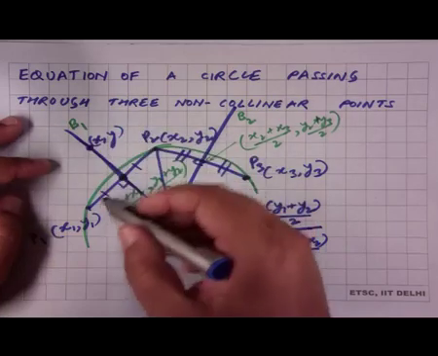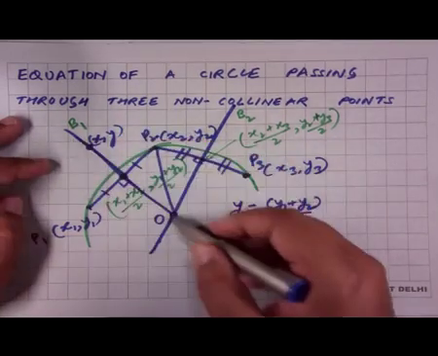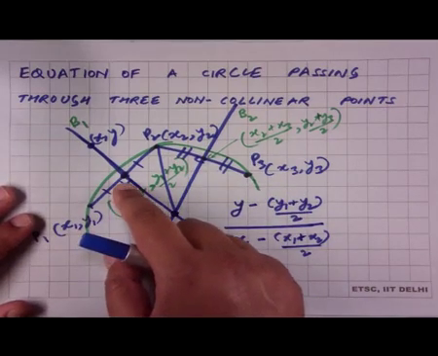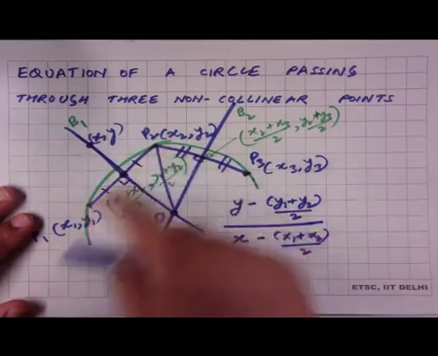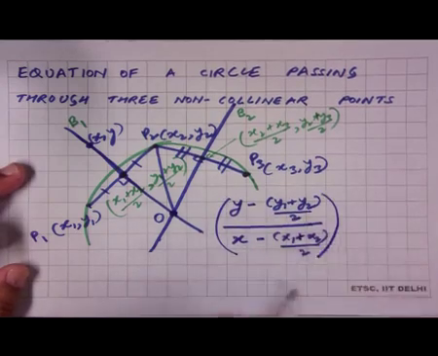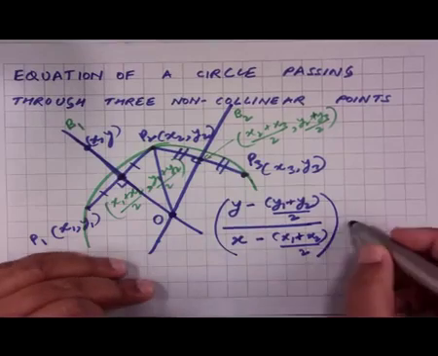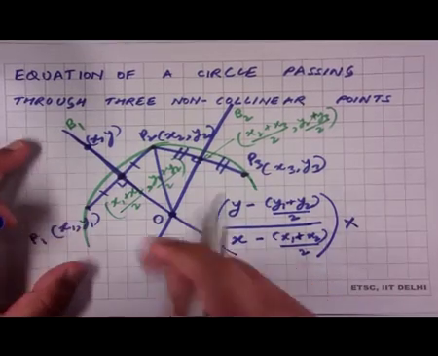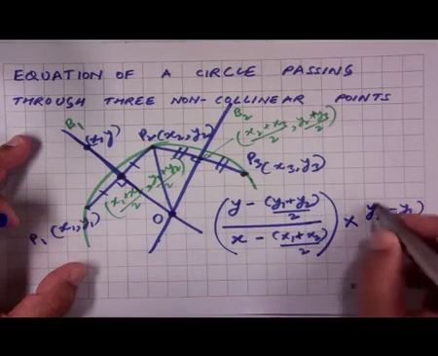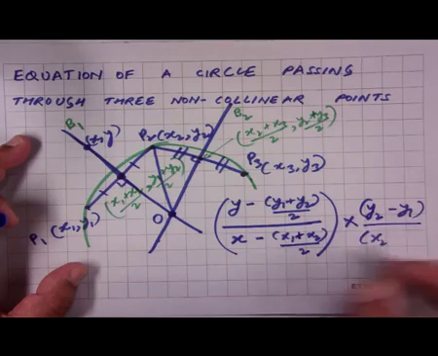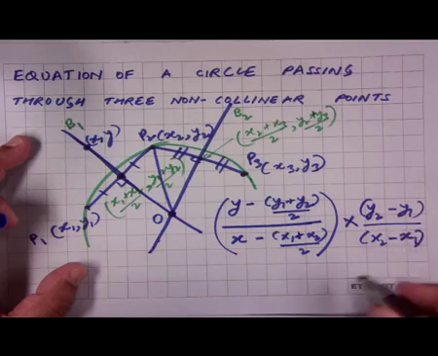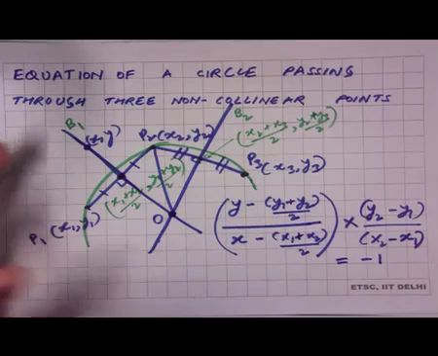Further, we see that this chord and this perpendicular bisector B1 of the chord intersect at 90 degrees. Therefore, the product of the slopes of these two lines will be minus 1. Hence, slope of the perpendicular bisector times slope of this chord, which is y2 minus y1 divided by x2 minus x1, is equal to minus 1.